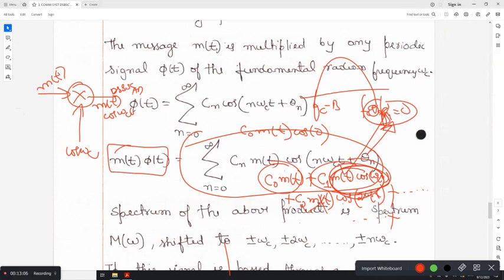I think by looking at your faces, I can make out you don't know the concept of a filter. Do you know the concept of a filter? How do you see this filter operation from the frequency domain point of view?